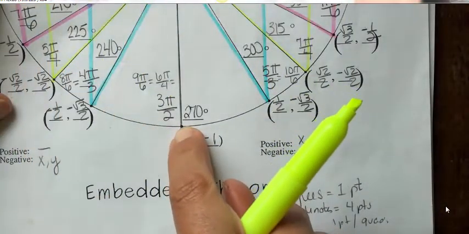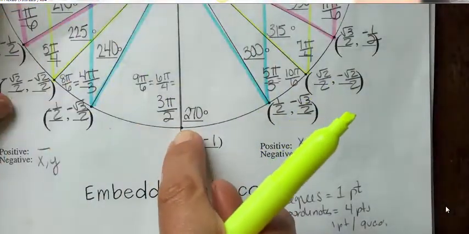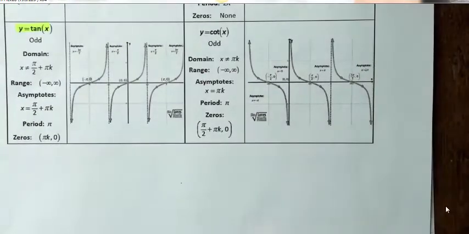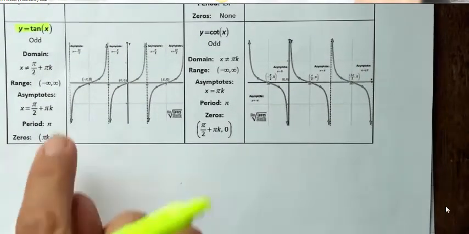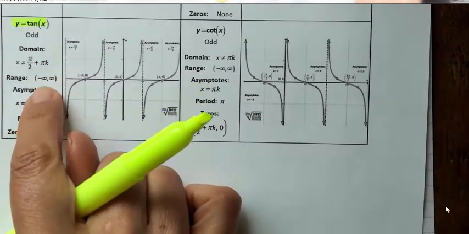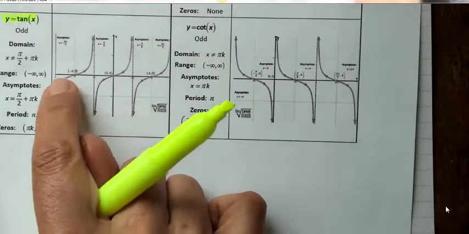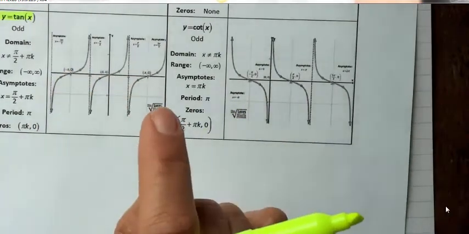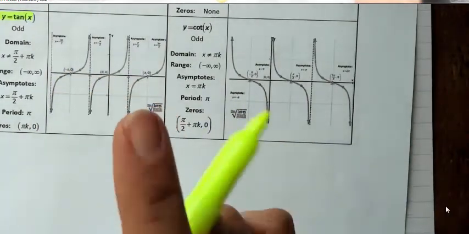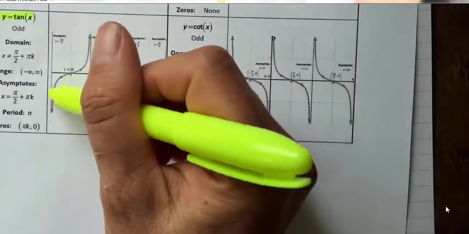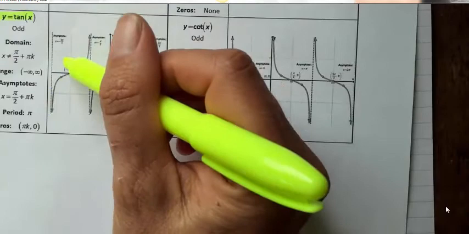So that's plus any half rotation or any 180 degree addition to it. Okay, so that's your domain. Otherwise it just keeps going, except for those 90 degrees plus 180s. And then the range here, these things go down forever and up forever.